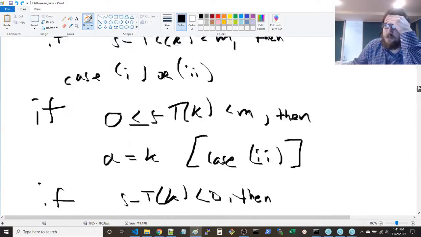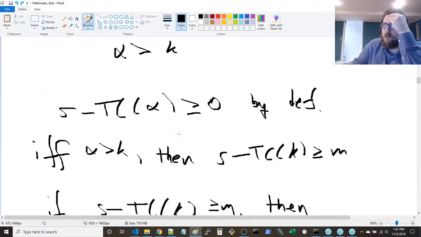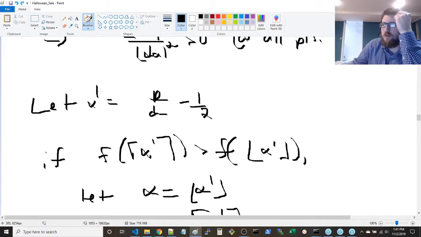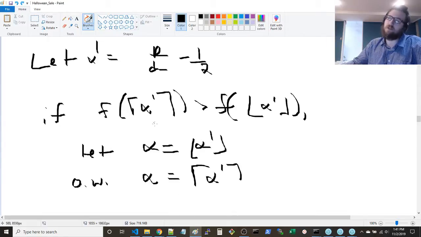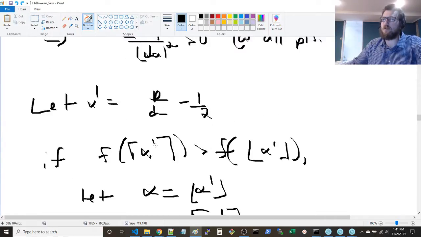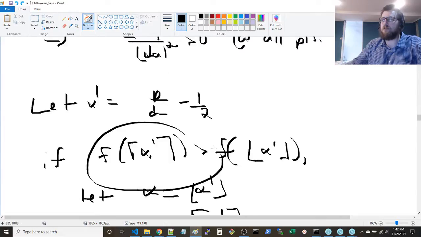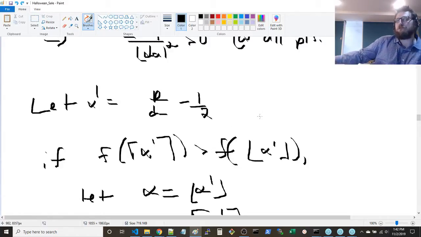If you're in the other case, then you perform this calculation where alpha prime is this thing, and then you take the ceiling of alpha prime and the floor of alpha prime, and compute this function given those two different values. Depending on which one is larger or smaller, that's the key that we want to use.